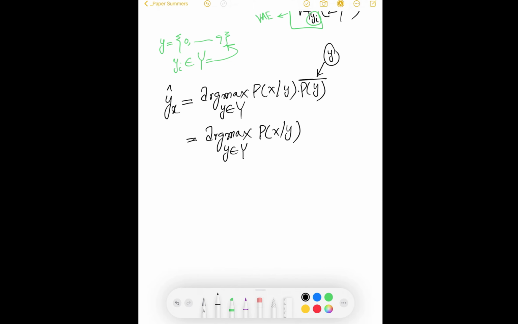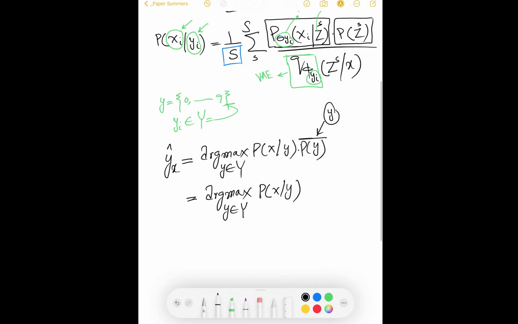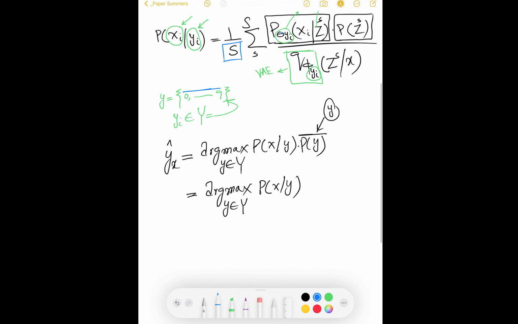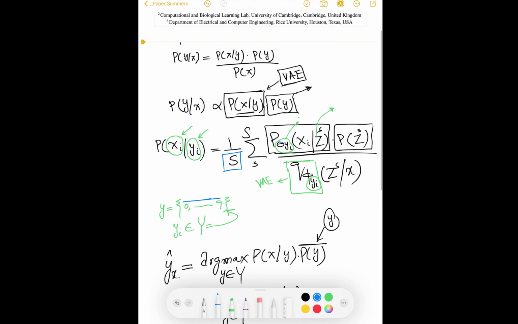Okay, so now at the test time, so for example, our dataset consists of 10 classes. So for each class, we are training the variational autoencoder to approximate this conditional distribution for that class. For example, yi here.